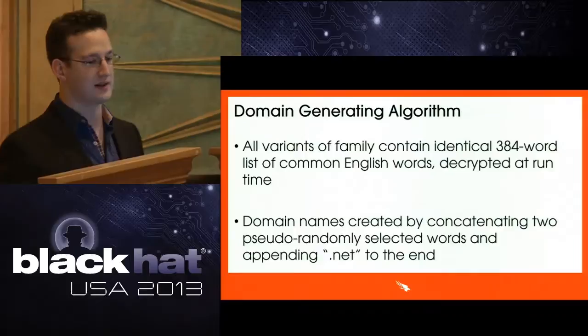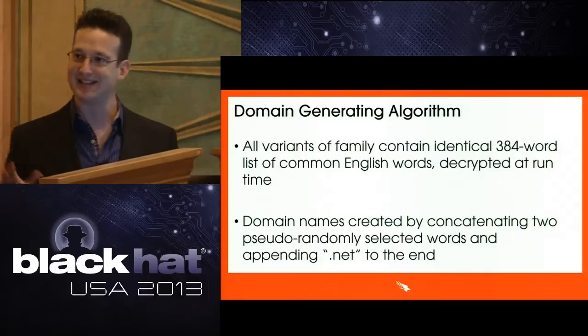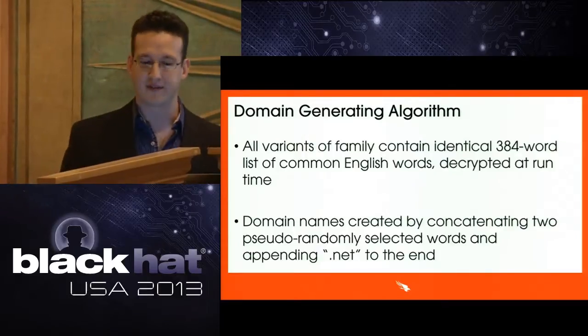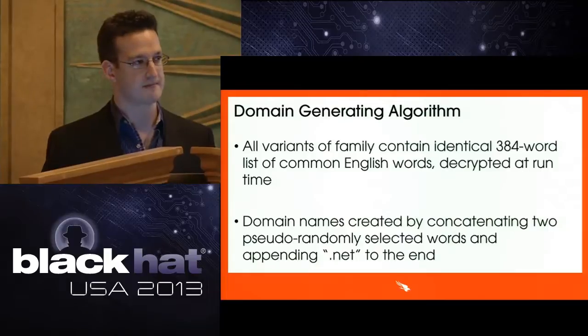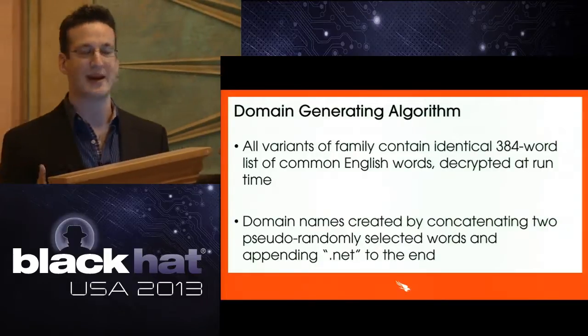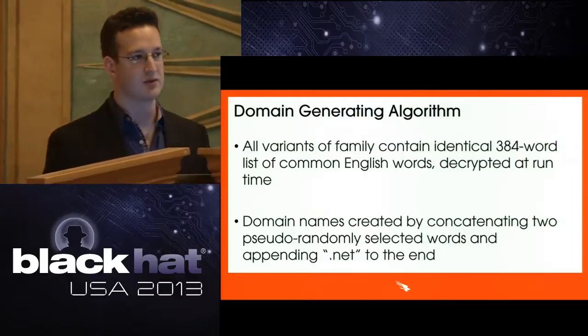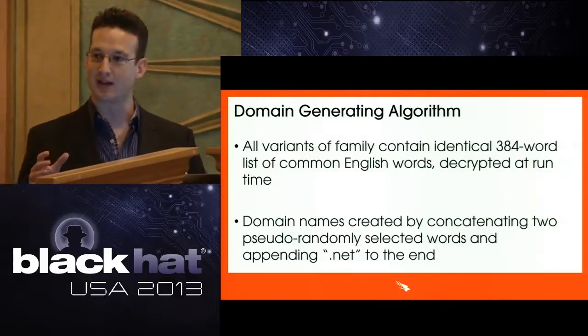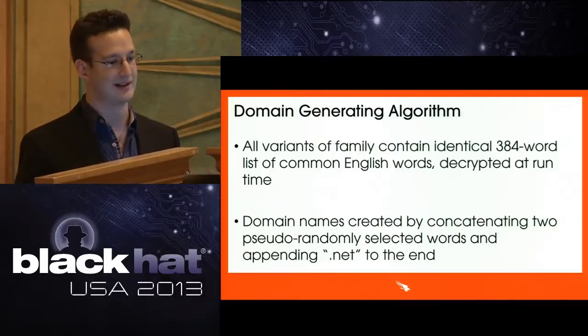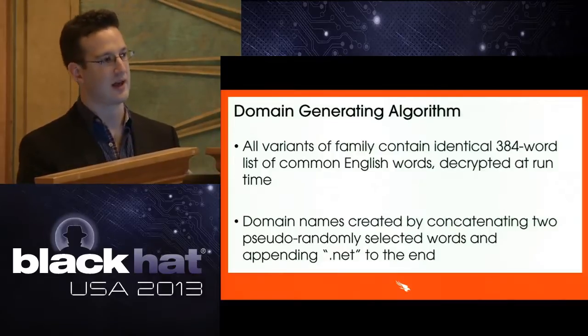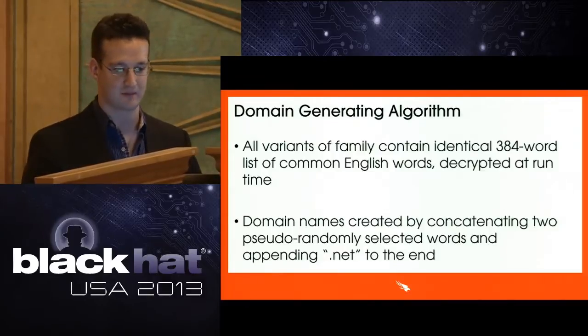Now all variants of this malware contain the same exact list of 384 words. And to create the domain names that the DGA uses, it uses an algorithm to pseudo-randomly select 2 words from this list, concatenate them together, and add .net to the end.